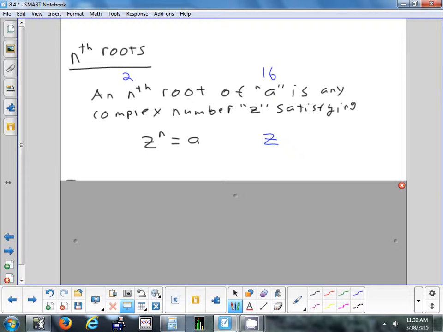So z is what you're solving for. Okay? You don't know that. n would be 2 in this case. a would be 16. So if you want to find the square roots of 16, if you can solve this equation, you can answer my question. Solving this equation will give you the square roots of 16. Now we just need to know how to solve it. This one is simple. Take the square root of each side. And you get 2 answers, 4 and negative 4.